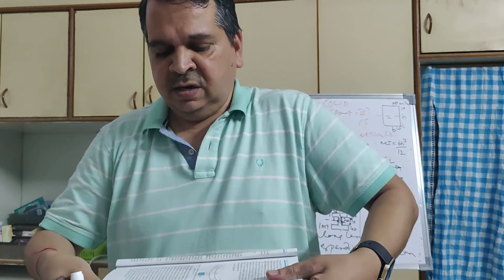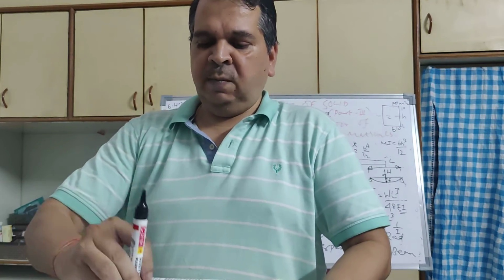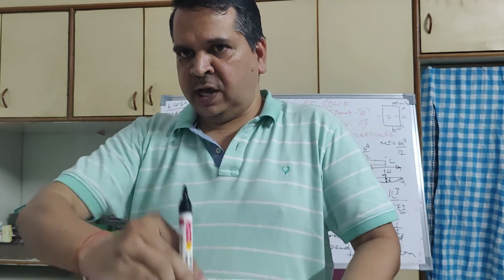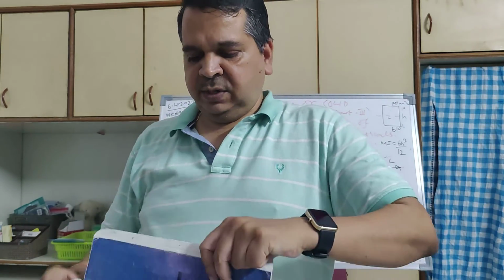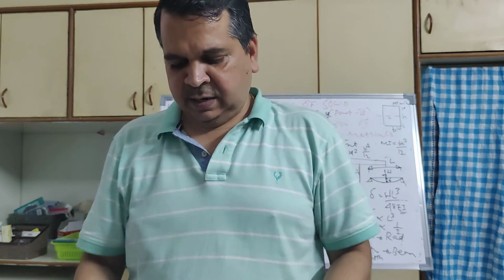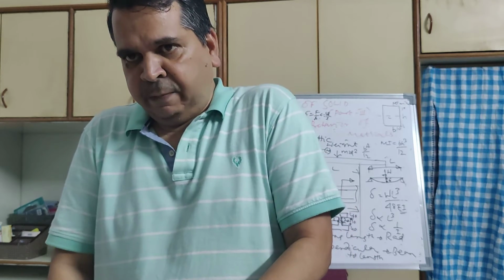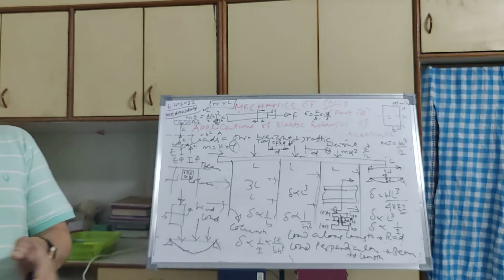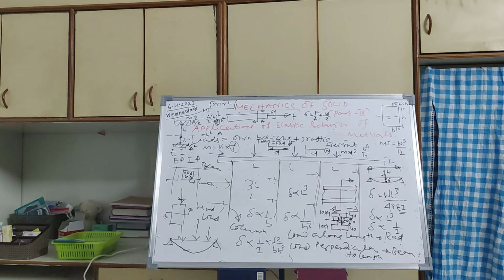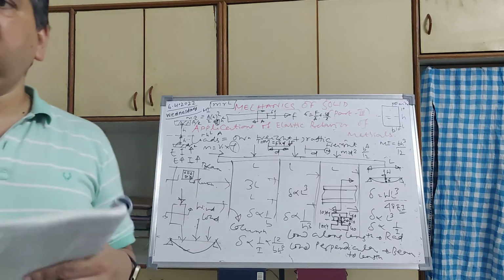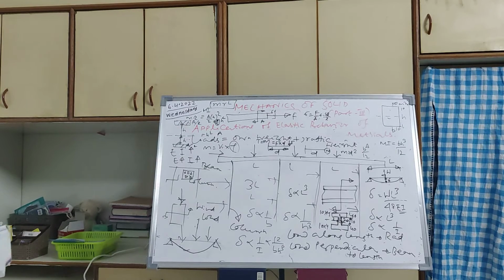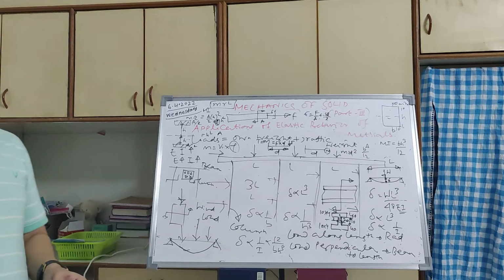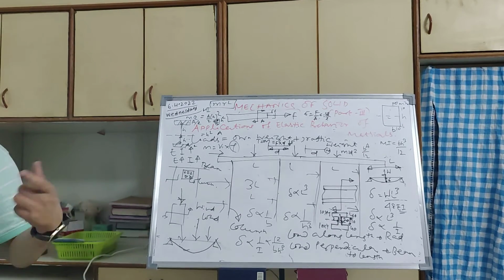This is extension, whereas here I am putting a transverse load, so it is getting deflected downwards. When this happens, it is called bending. So when the transverse load acts, bending comes into the picture. This is the main reason.